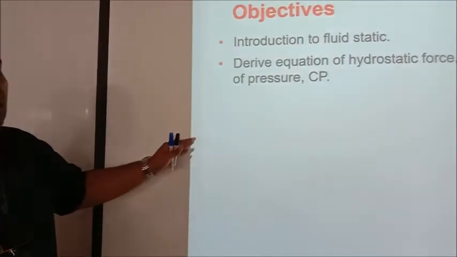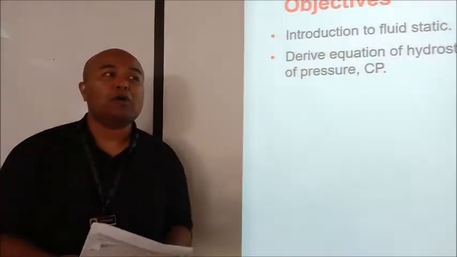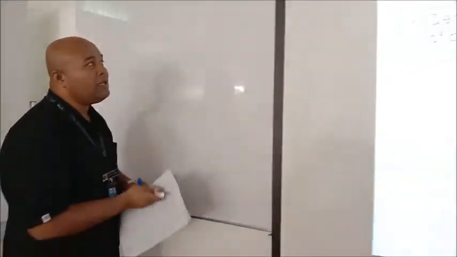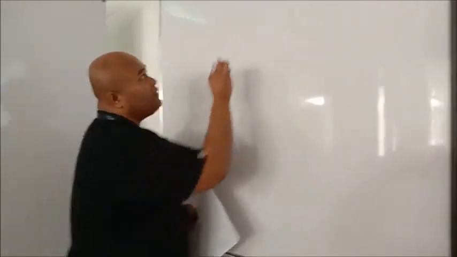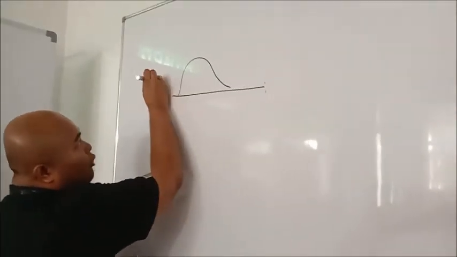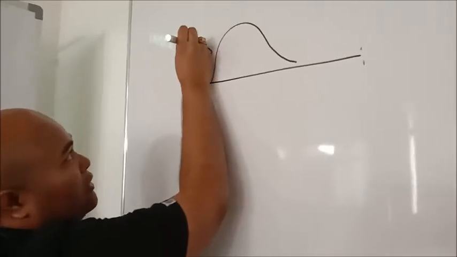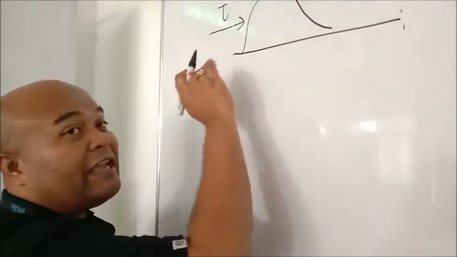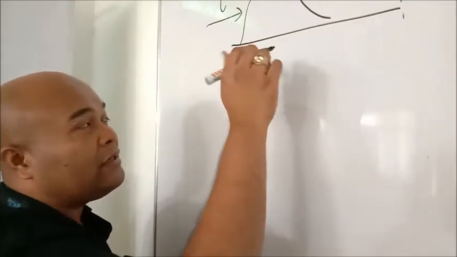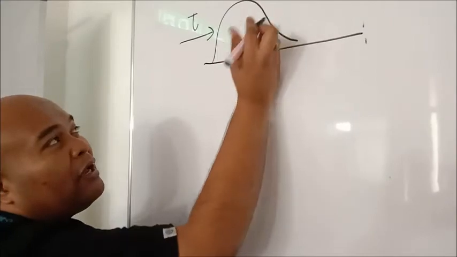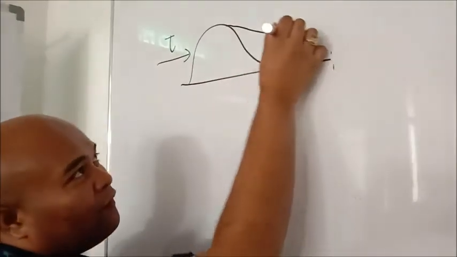Jadi basically, to make your view about this fluid static clear, normally when we imagine the fluid, let's say this is a fluid, when we give the shear force, daya ricih, shear force is the force in the tangential direction, with very minimal force to the fluid, it will allow the fluid to flow.